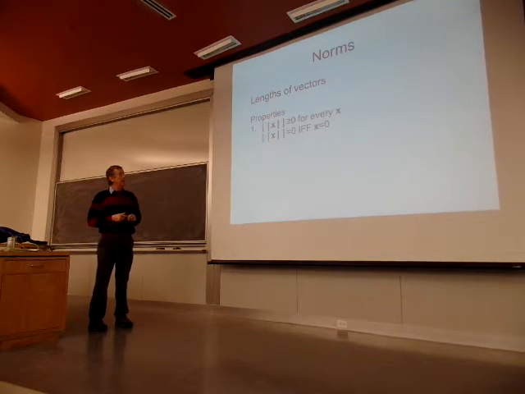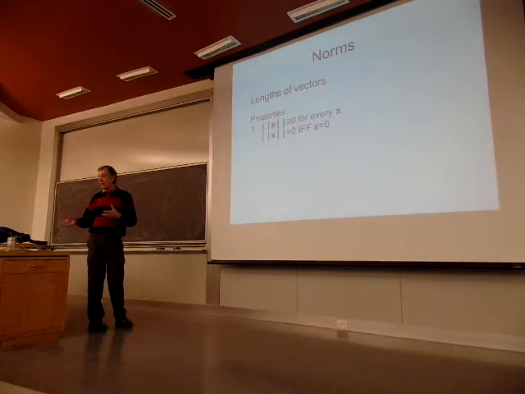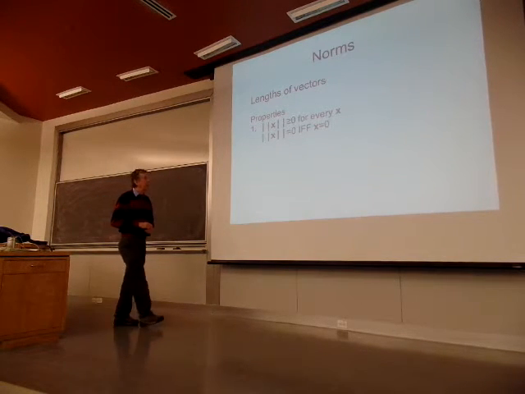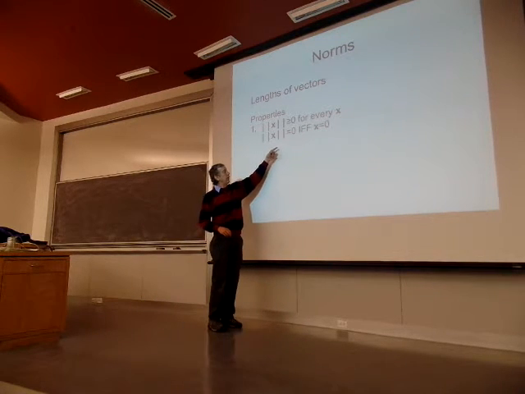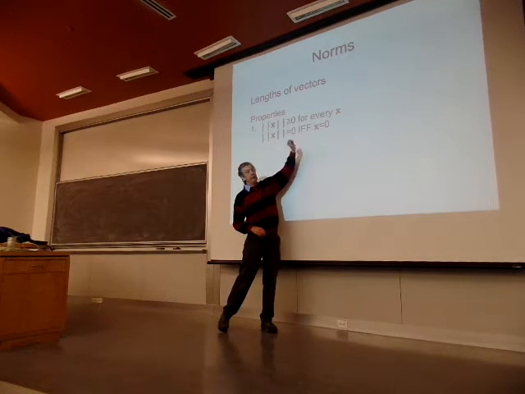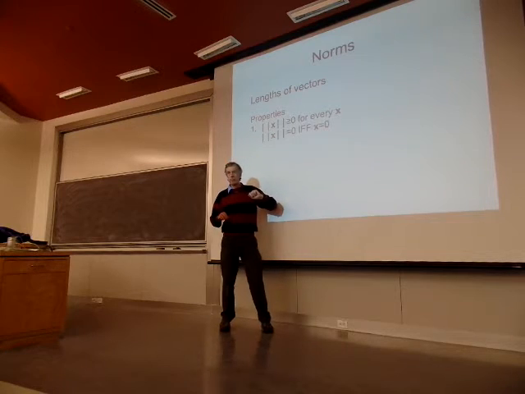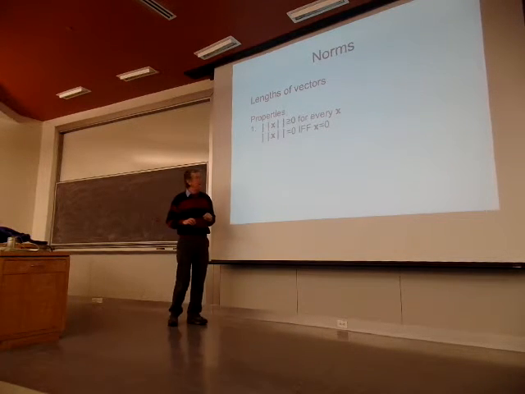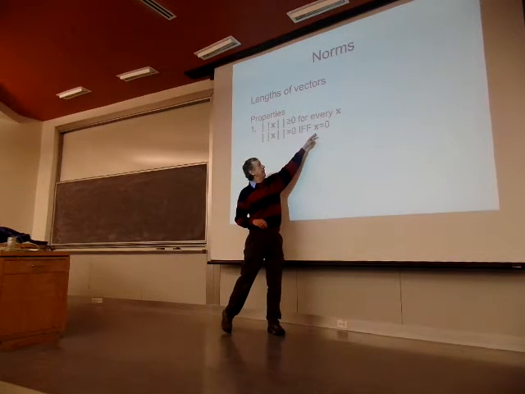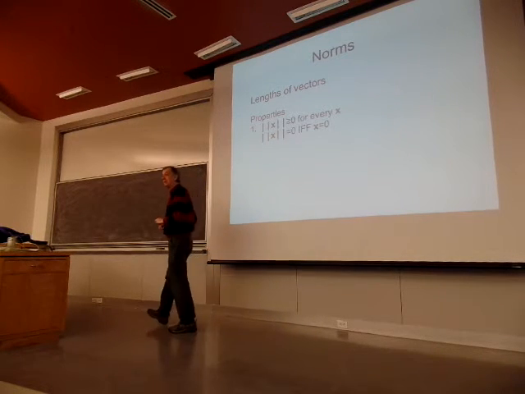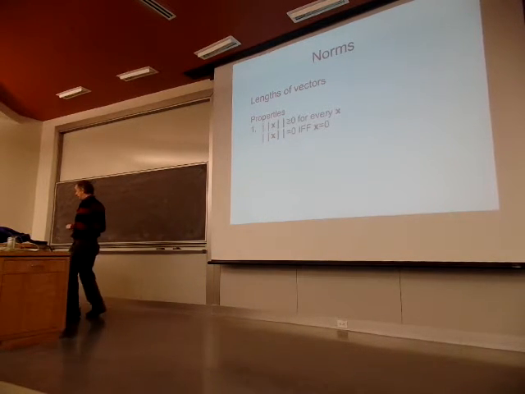And the norm is always greater than or equal to 0 for every x, whether positive, negative, whatever. It's always going to be positive values. And 0 if and only if, iff in the proper mathematical terminology, x is the zero vector.